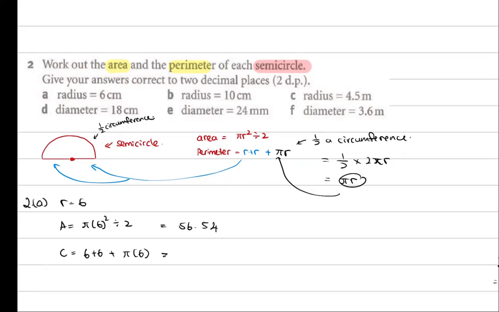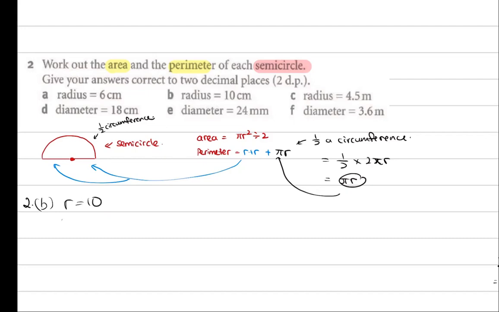Okay, I need to change. The circumference should be 13 point. All right. That's for number 2A.